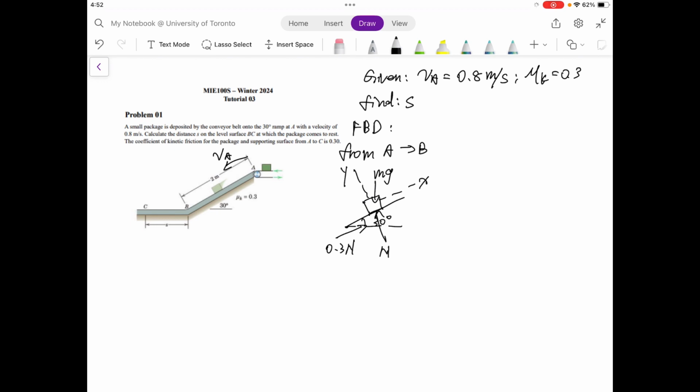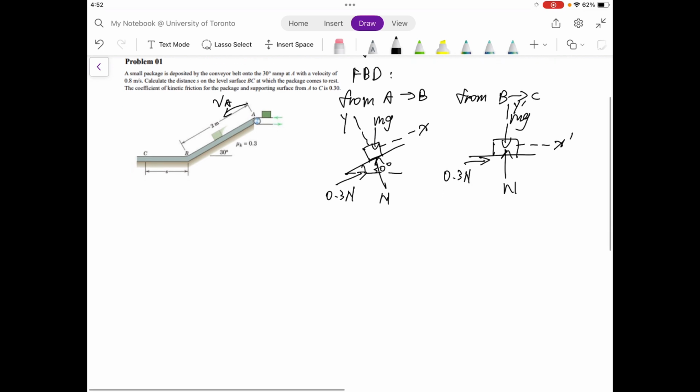Here's our coordinate system. And also from B to C, here's our package, here's the gravity, here's the support force, and our new coordinate system. And again, the friction is 0.3 times the normal force.